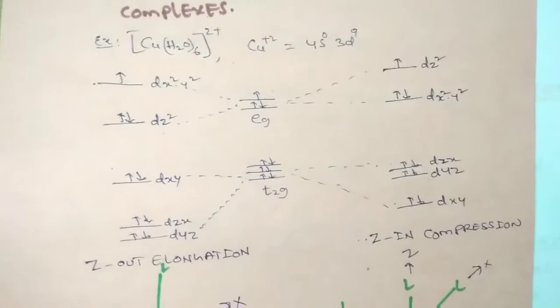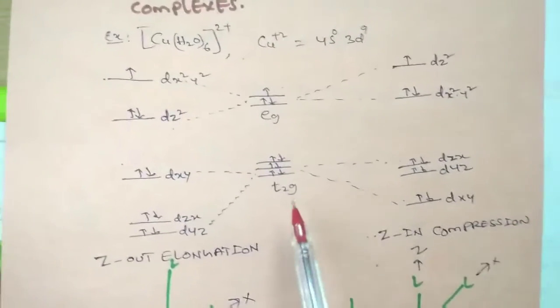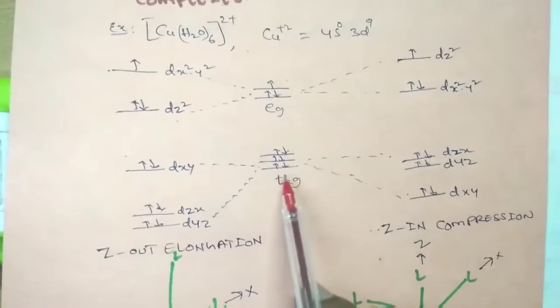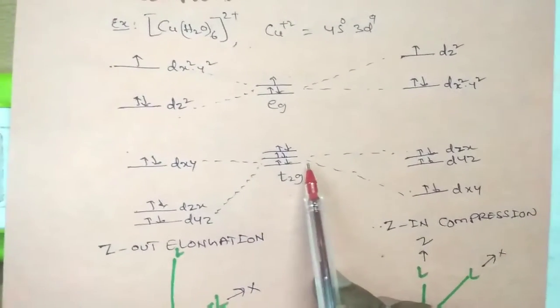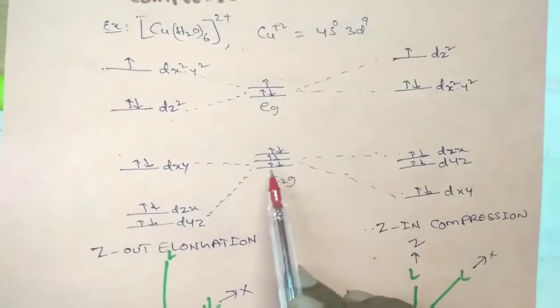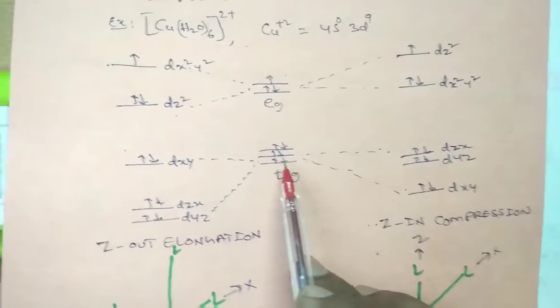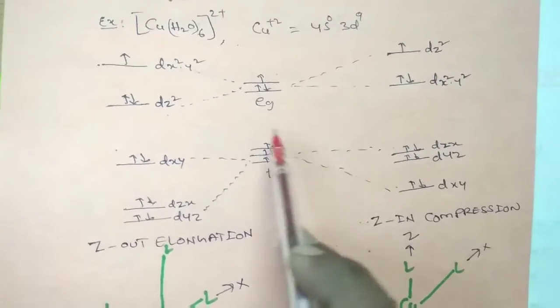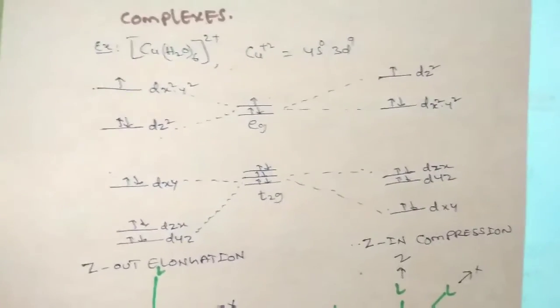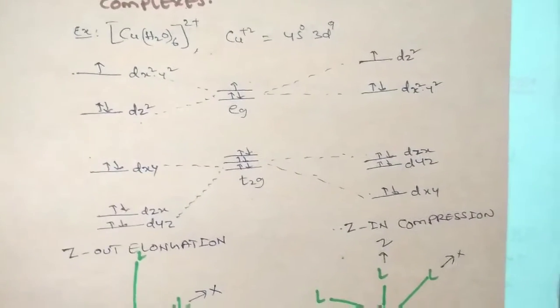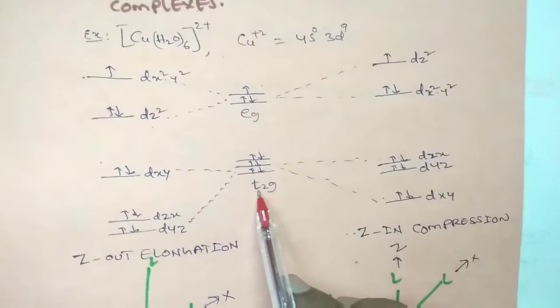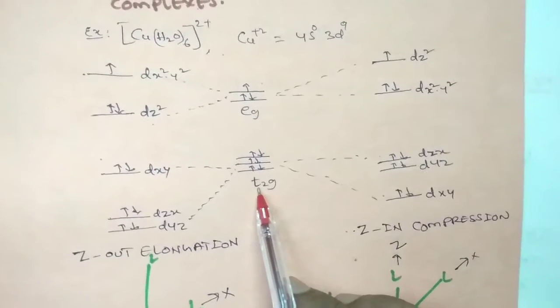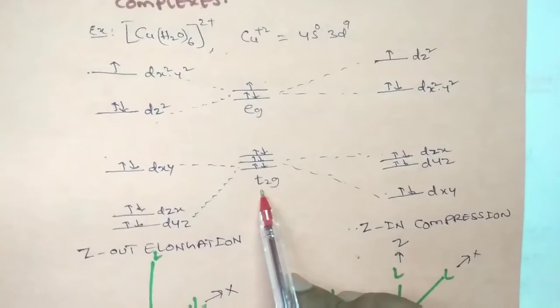Okay, let us see now what an asymmetric arrangement of electrons is. Let us see t2g first. In t2g, all orbitals are filled equally with 2 electrons. Each orbital is filled with 2 electrons, and all dxy, dzx and dyz orbitals are filled in a uniform manner. So this is a symmetric arrangement of electrons.